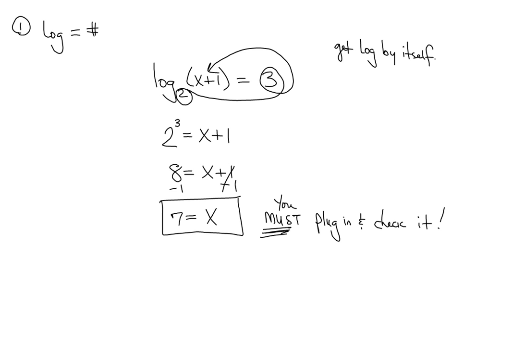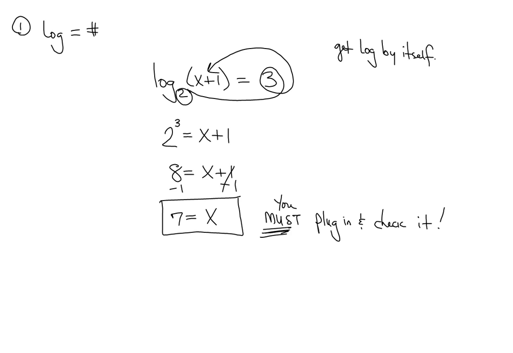So the question is, if I go back to the original and plug x equals 7 in, will I be taking the log of only a positive number here? Yes, it'll give us log base 2 of 8, and the 8 is a positive number, so we're okay. But what would happen if you plugged this back in and it gave you the log of a negative number? What would you have to do with the answer? Throw it out.